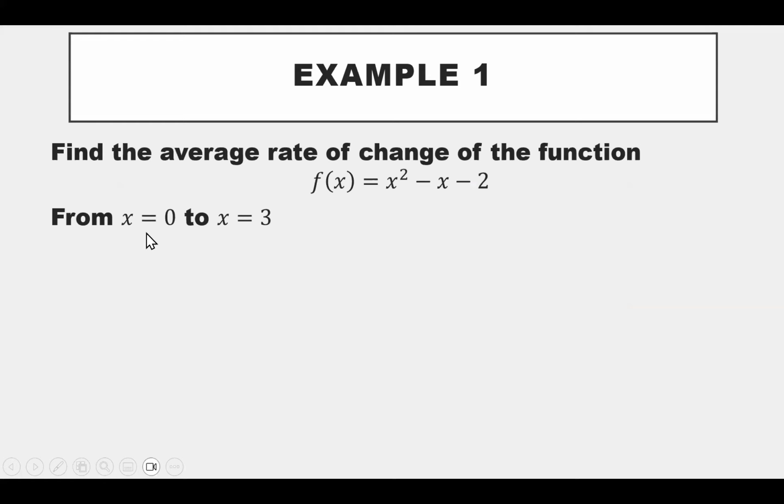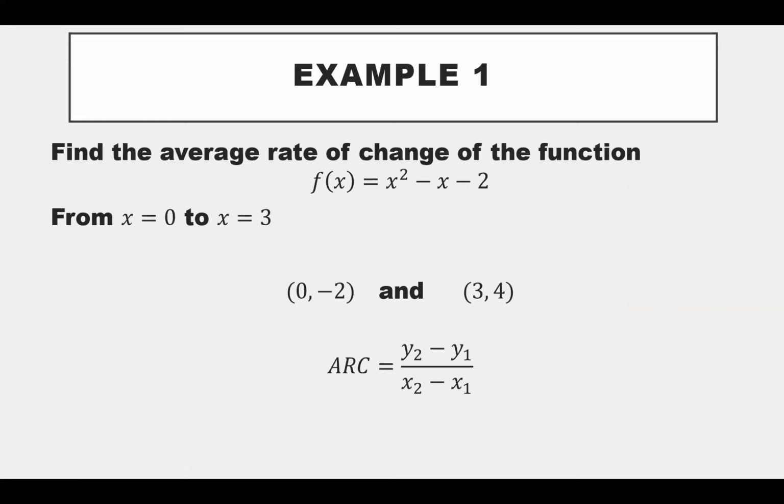Let's take the average rate of change from x value of 0 to x value of 3. That's like saying the average rate of change from the point 0, -2 to the point 3, 4. Well, the average rate of change we can calculate by the formula y2 minus y1 divided by x2 minus x1. In this case, that's going to be 4 minus -2.